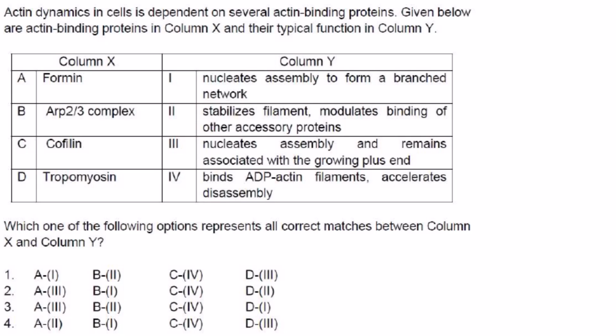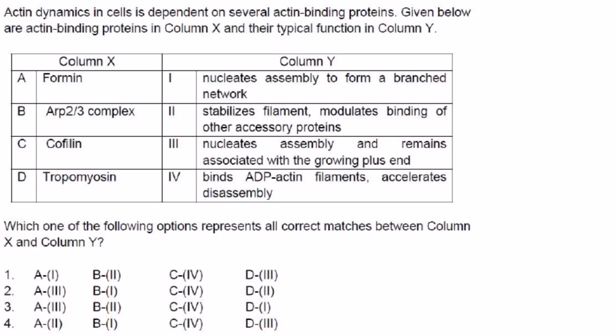Some are involved as nucleation factors, that is, they help in the assembly of new actin filaments. Then some actin binding proteins bind multiple actins together, bringing multiple actin filaments together to create either bundles or networks.